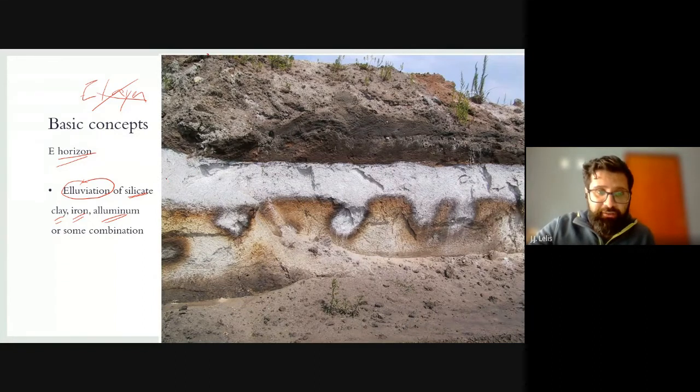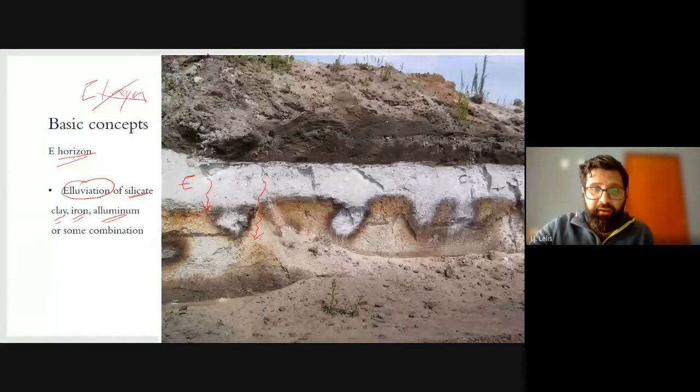You should understand that the clay is moving from the A horizon here through the subsurface like this or like this. And why are the clays moving? Because of the movement of water through the soil. Water is moving because of gravity, and it brings clays together.